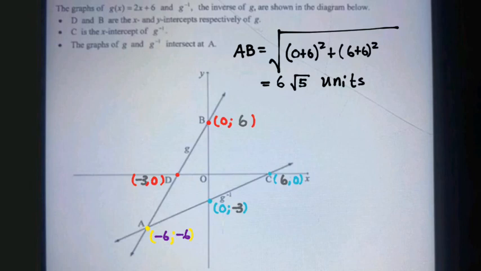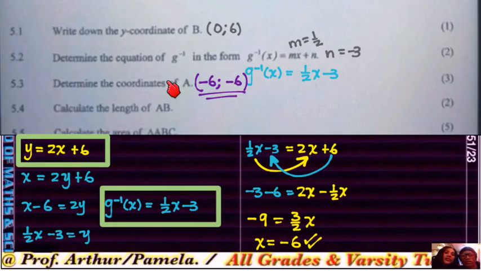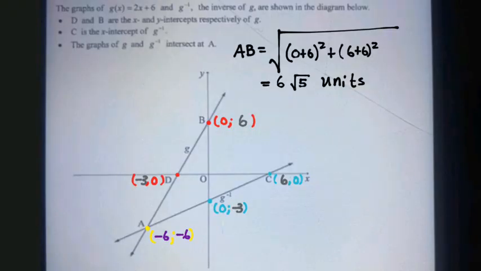They didn't tell me to round off to how many decimal places, so I'm leaving it as it is. If I round off, I would say it's 13.42 units. We good? Okay.